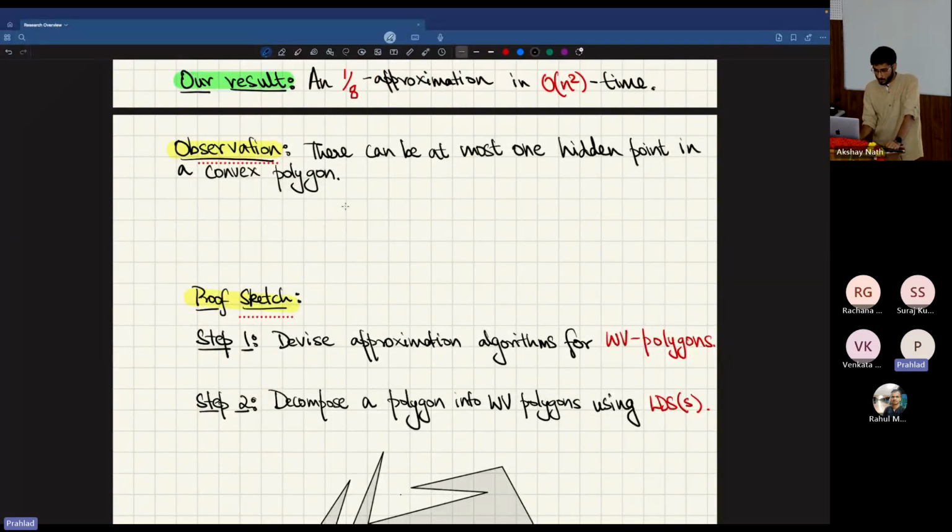If you have the hidden set number of a polygon P, which is just the maximum number of hidden points, then this is less than or equal to, of course, the convex cover number of P.